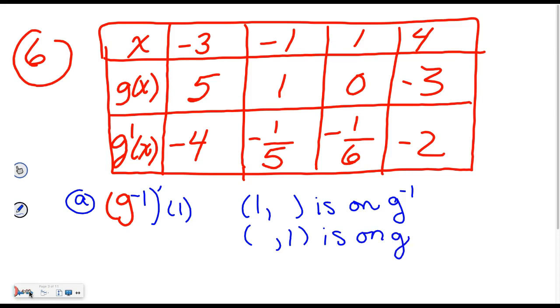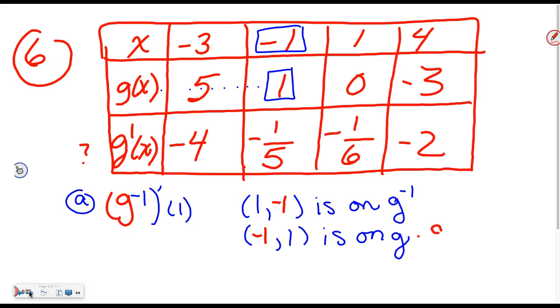I'll consult my table and see what gets sent to 1 on g. Here it is. The y value is 1 when the x value is -1. So -1 gets sent to 1, which means this goes here. And again, I'm looking for the derivative of g inverse. And again, g inverse isn't even on here, which means I'm going to have to use g to get it.